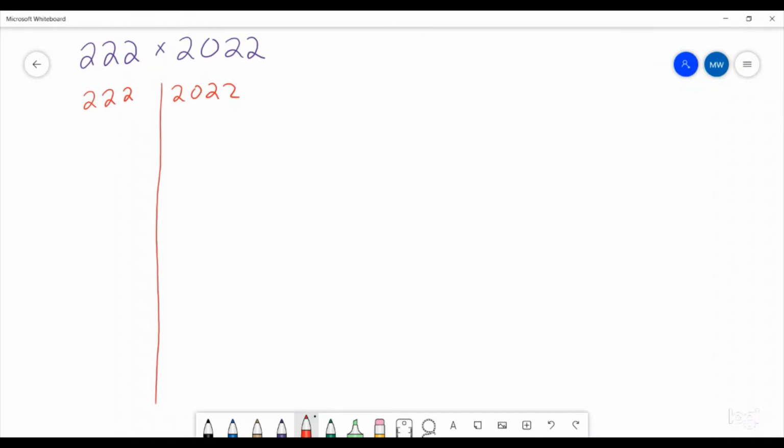So 222 times 2, that's 444. 2022 divided by 2 is going to be 1,011. We got 888. Dividing this by 2 gives us 505.